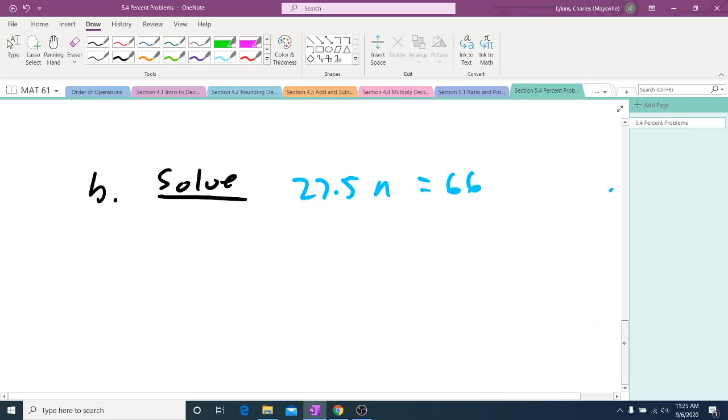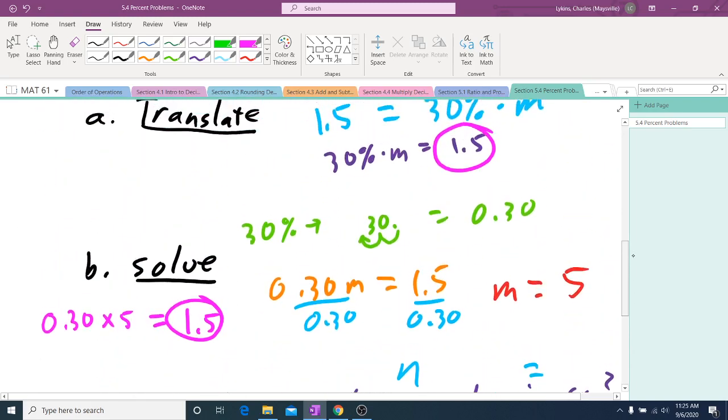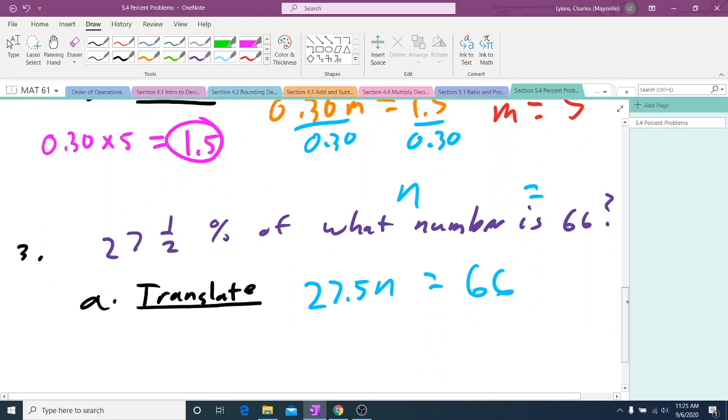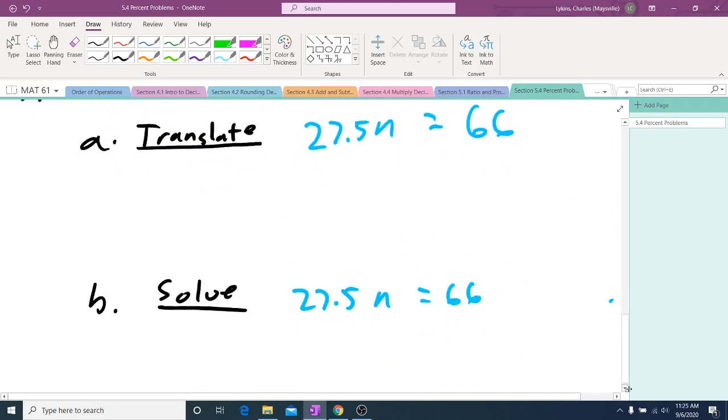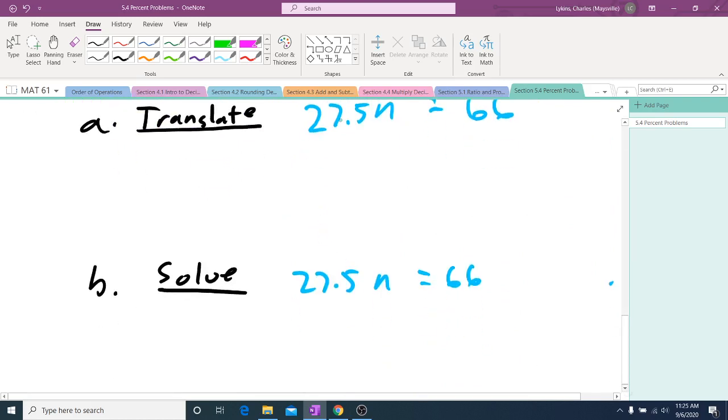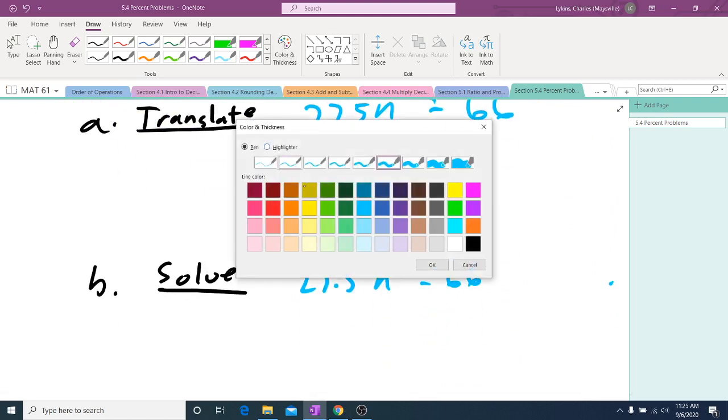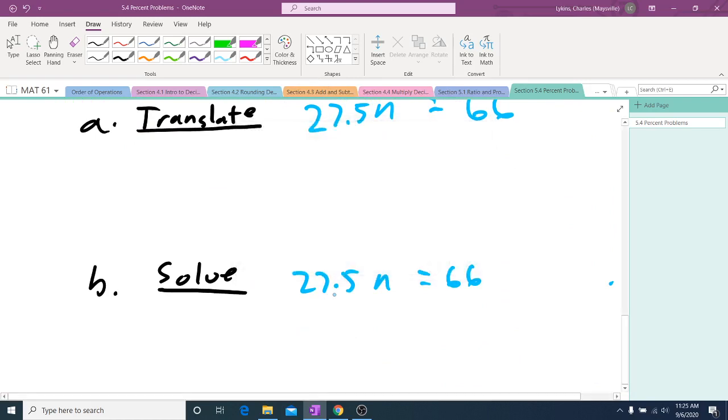Remember this was the 27.5 right up here. I want to make this a decimal, so I'm going to move it over 2 to make that 0.275 N equals 66.